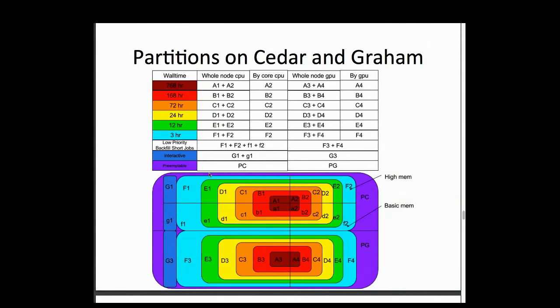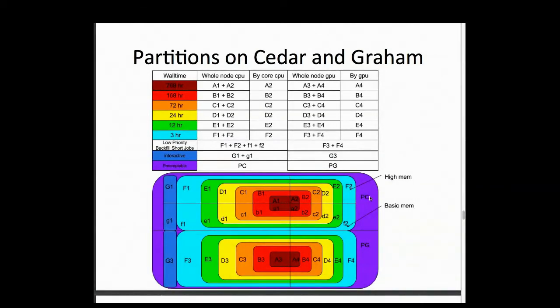Another thing that we should note is that we also allow some backfill. So we actually allow the shorter jobs, like the 3 and the 12-hour, and even some of the 24-hour serial jobs that require less than 24 hours, to run on the whole node area at much lower priority.